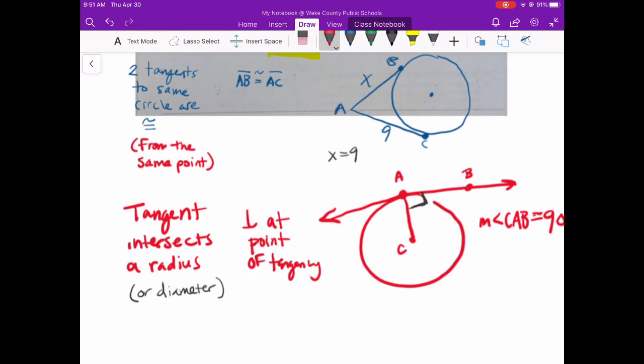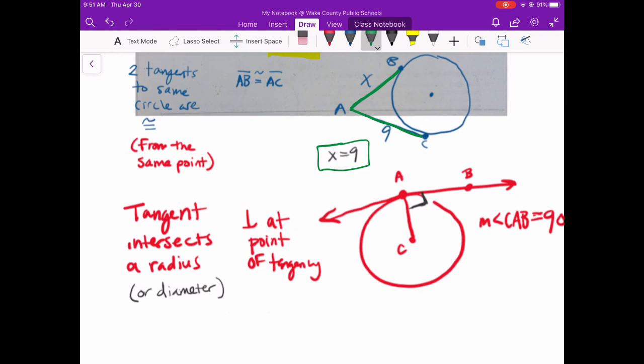So the length of this tangent is congruent to the length of that tangent because they're drawn from the same exterior point to the same circle. Two tangents, they have to be tangent, from the same exterior point to the same circle are going to be congruent. So x had to be equal to 9 in that scenario.